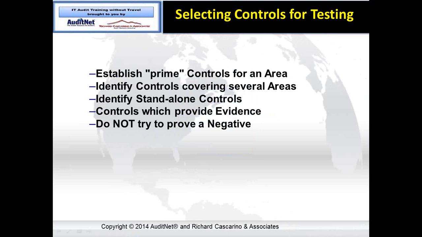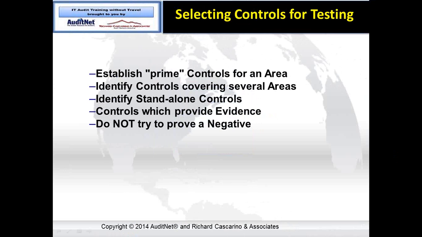I have no idea what happened there. My screen went blank and then came back. We're trying to establish the prime controls for the area. So what we would typically look at is which controls do we rely on over and over and over again? Which ones cover the majority of the risk?